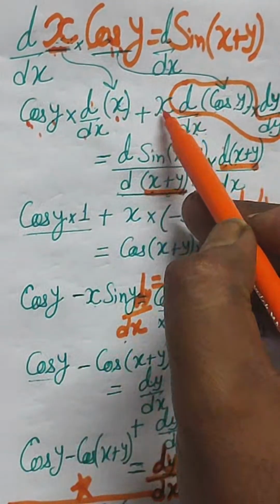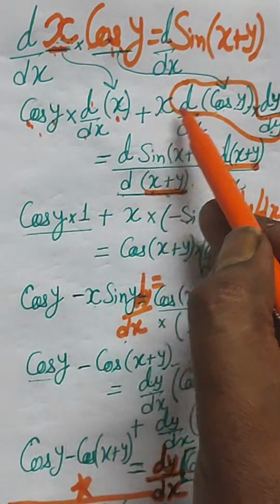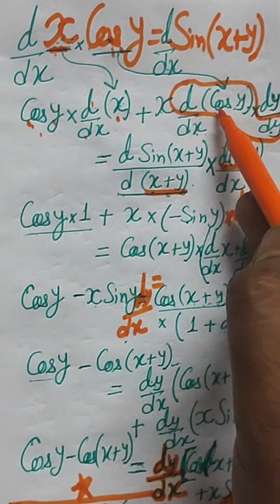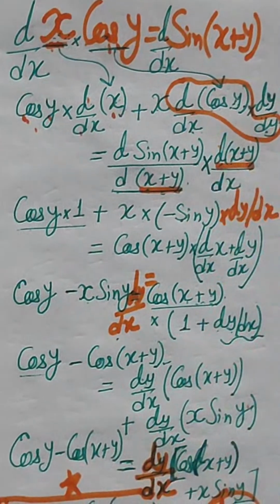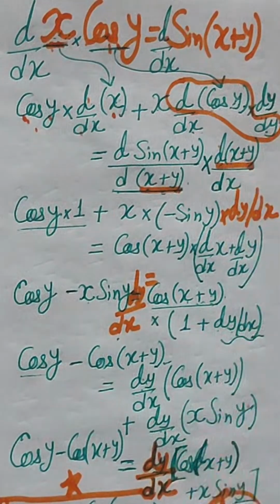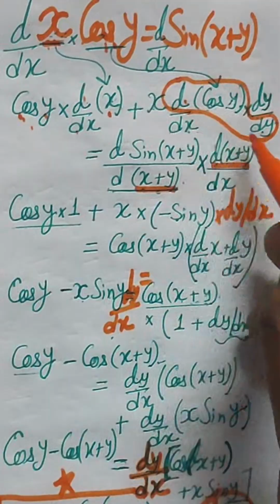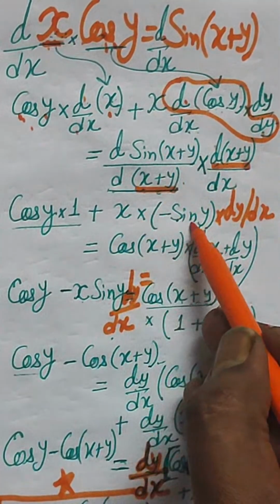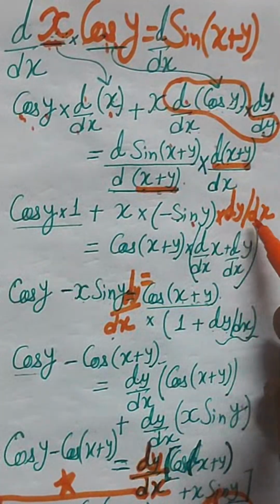Plus x times, that means this x is kept outside and this cos y is differentiated. But you can see cos y cannot be differentiated with respect to x, so that's why we inserted dy by dy into the numerator and denominator over here. If d by dy of cos y is taken, then this was minus sin y, and dy by dx was left, so that I mentioned over here.